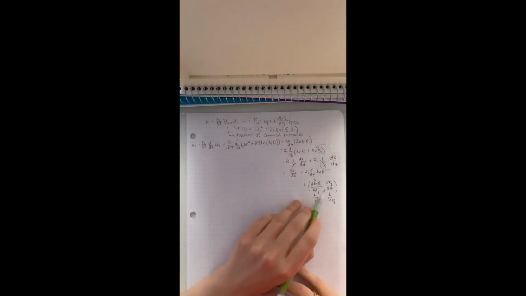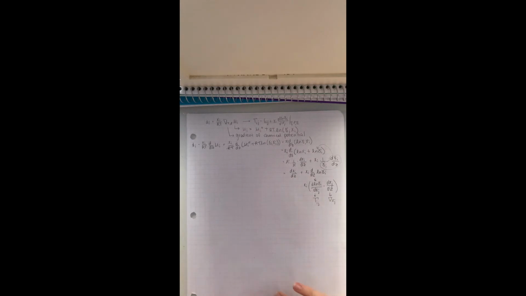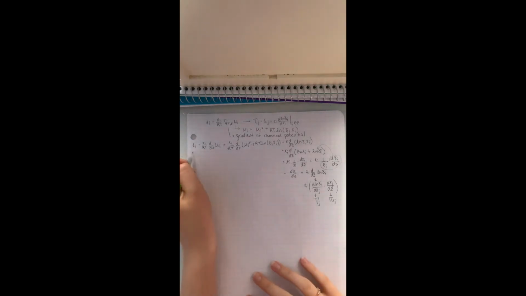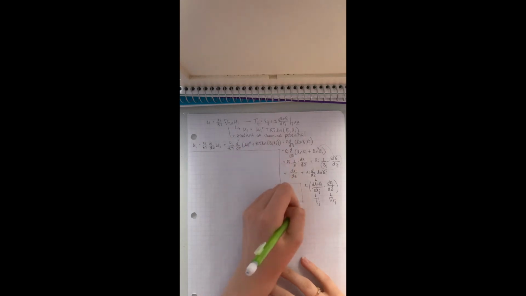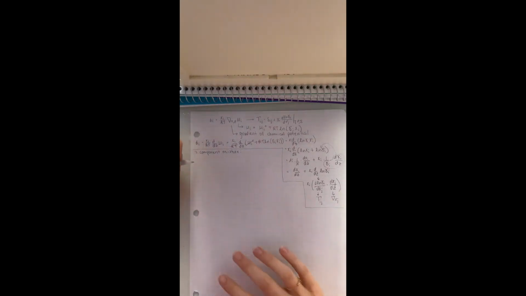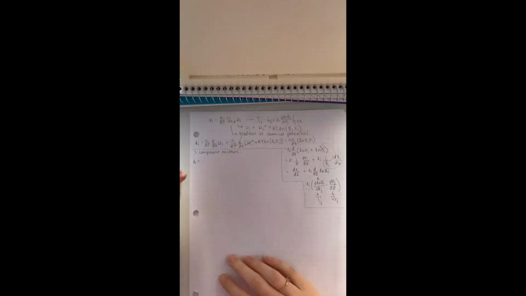So then we can take this equation and write this for a multi-component mixture. For example, we could write this for a 3-component mixture. So for the driving force of component 1, we would then take this equation and solve it out.